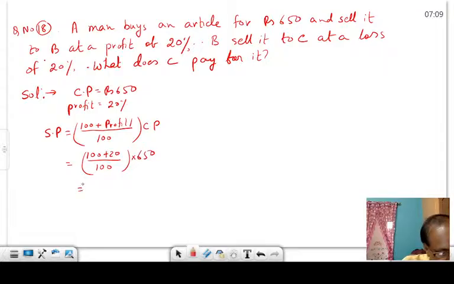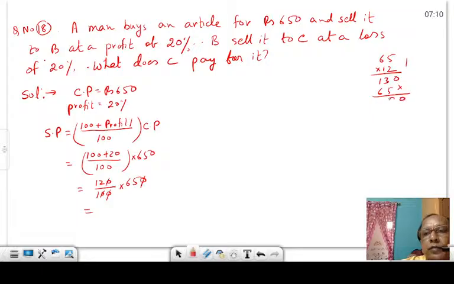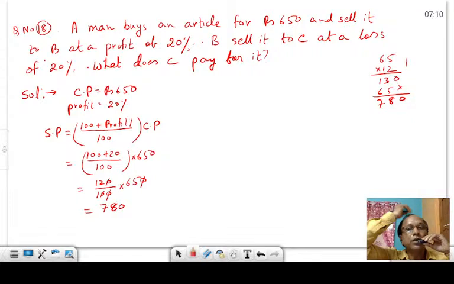Therefore, we are getting 120 divided by 100 into 650. This 0 will cut, and this 0 will cut. That is, we are getting 65 into 12, which is 780. Right?